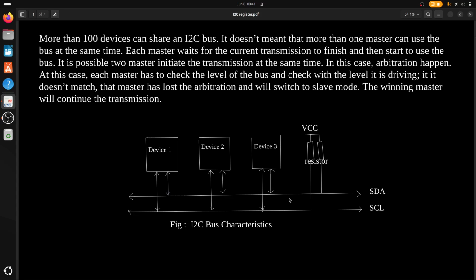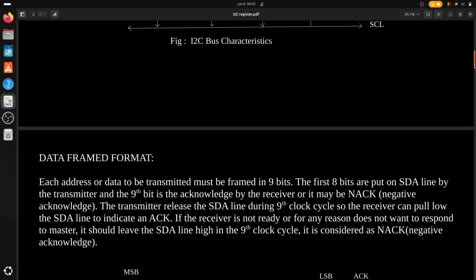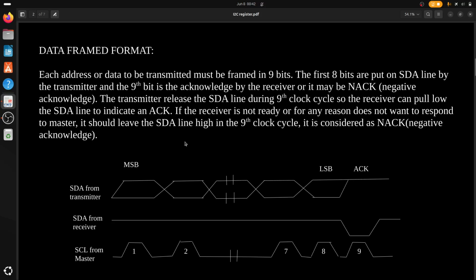The winning master then occupies the bus and transmits data to its respective slave device, and until this process is complete, the master that lost has to wait until its time comes for transmission of its respective data to its slave device.